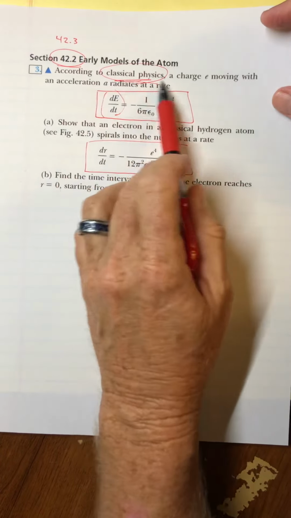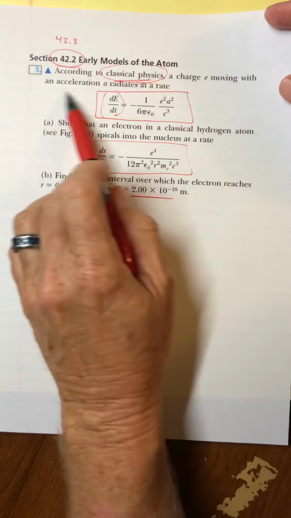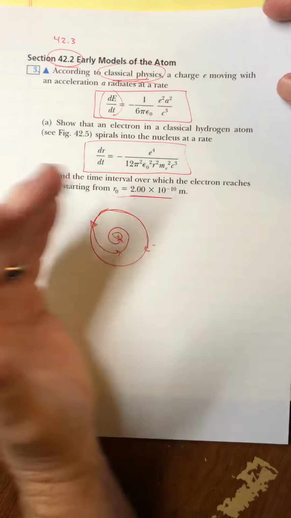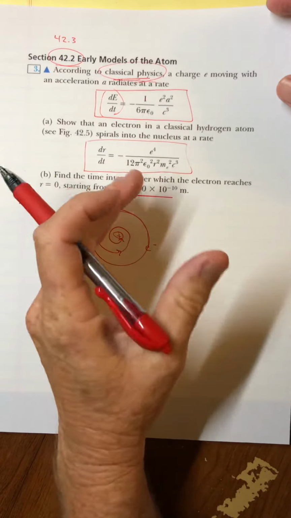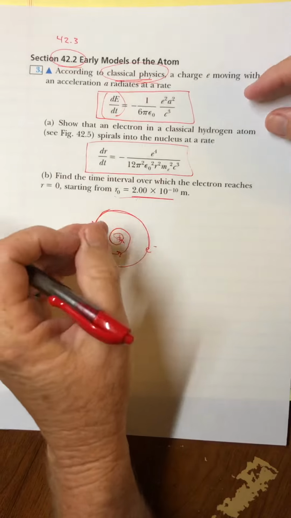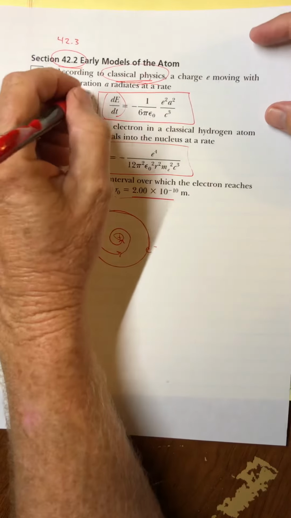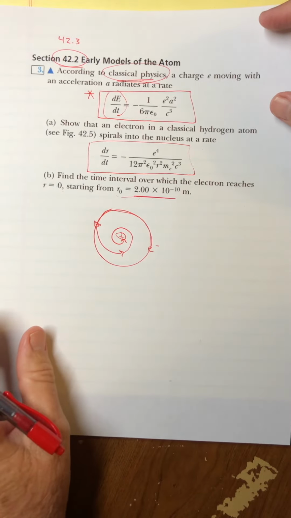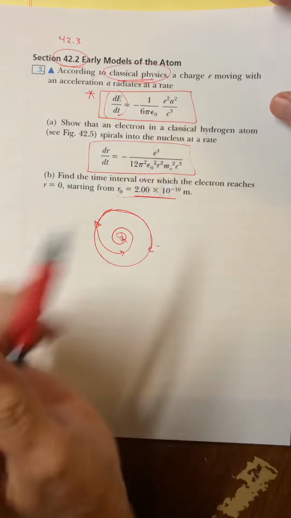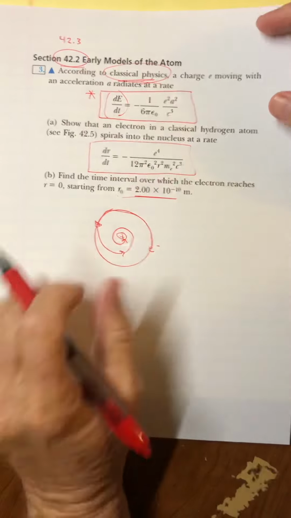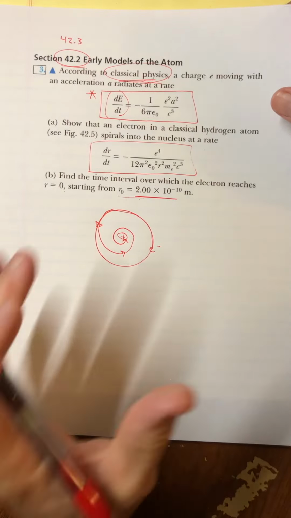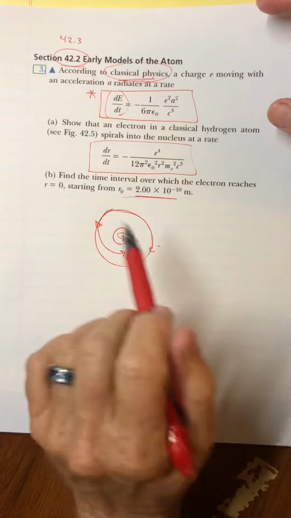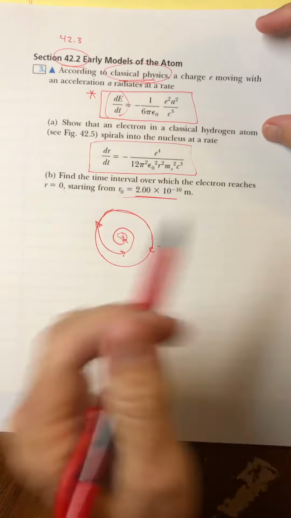He's just saying, according to classical physics, a charge e moving with an acceleration a radiates energy at this rate, and he just gives it to you. He doesn't expect you to derive it or to have seen it before. So it's kind of a tough problem, because we're just going to have to take that as given. We didn't do any radiation from, say, an antenna, or in this case a charge circulating around an atom.